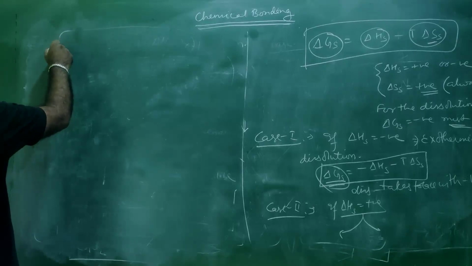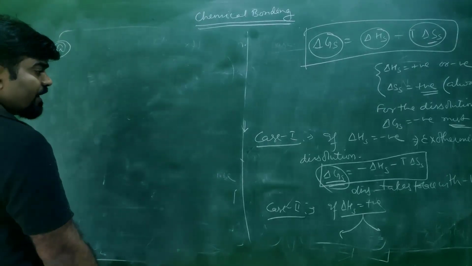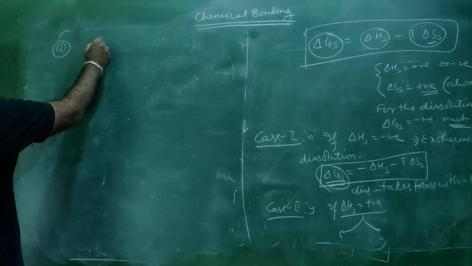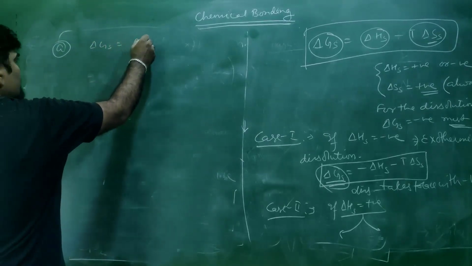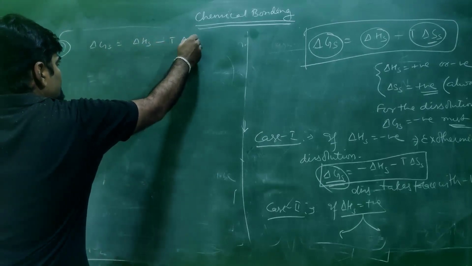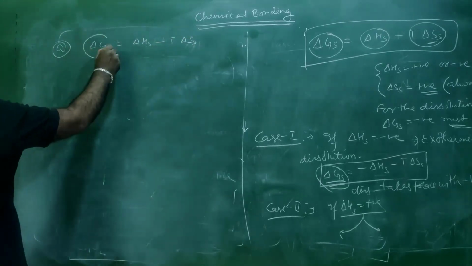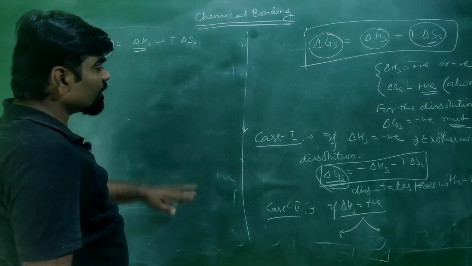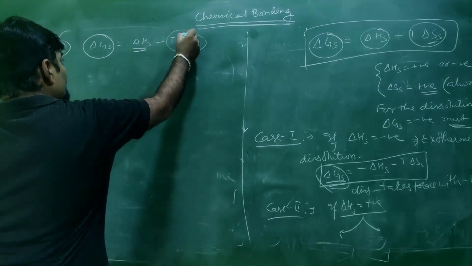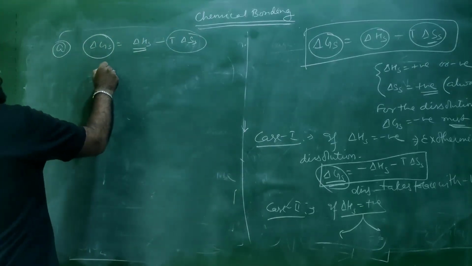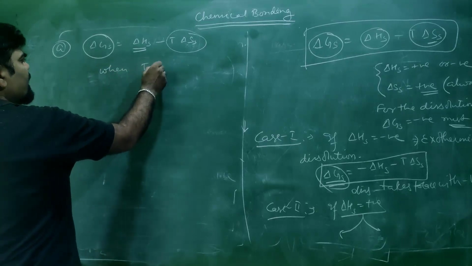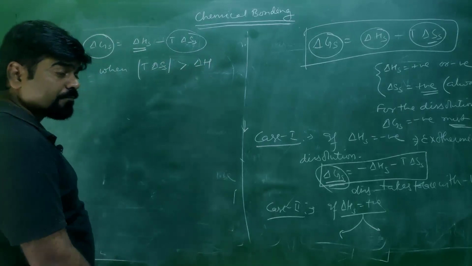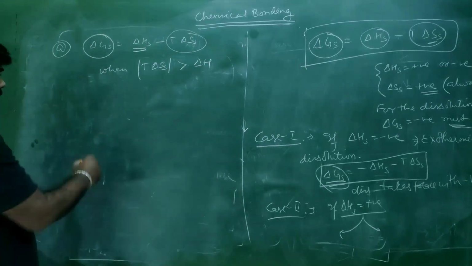First case is when del Hs is positive, del Gs is equal to del Hs minus T del Ss. This is to be negative, but this is positive. How will this value be negative? When this value is greater than this value. So when mod of T del S is greater than del H, then del Gs is negative.